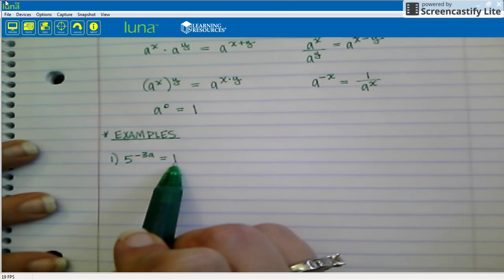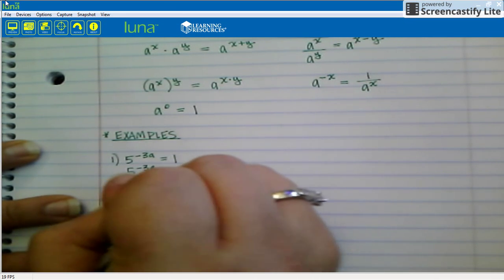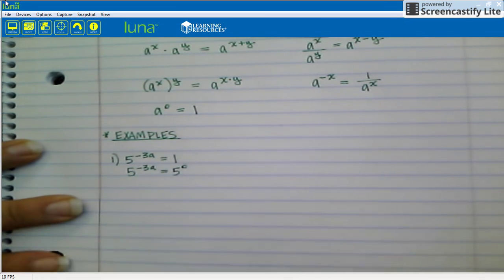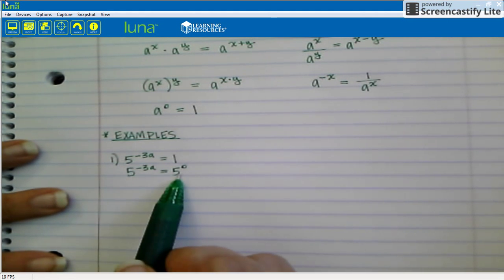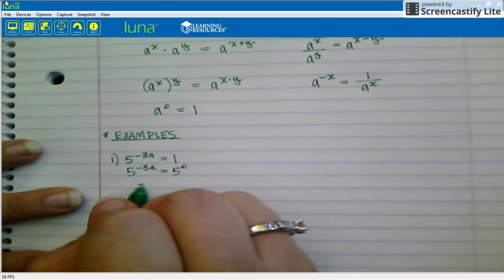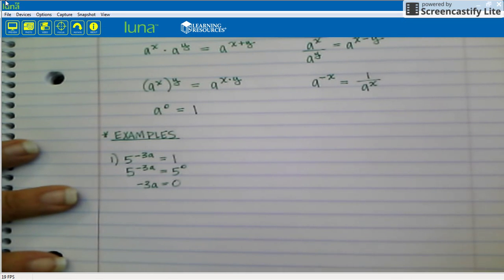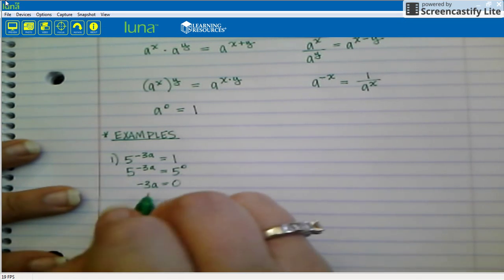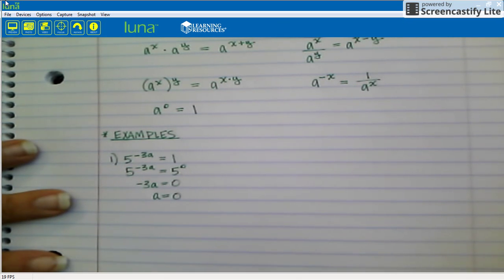So I can rewrite this 1 as 5 to the 0 power. And using the one-to-one property, since I have two exponential expressions equal to each other with the same base, that means their exponents must be equivalent. And then it just becomes an equation to be solved. So I'm going to divide both sides by negative 3 to get a is equal to 0.